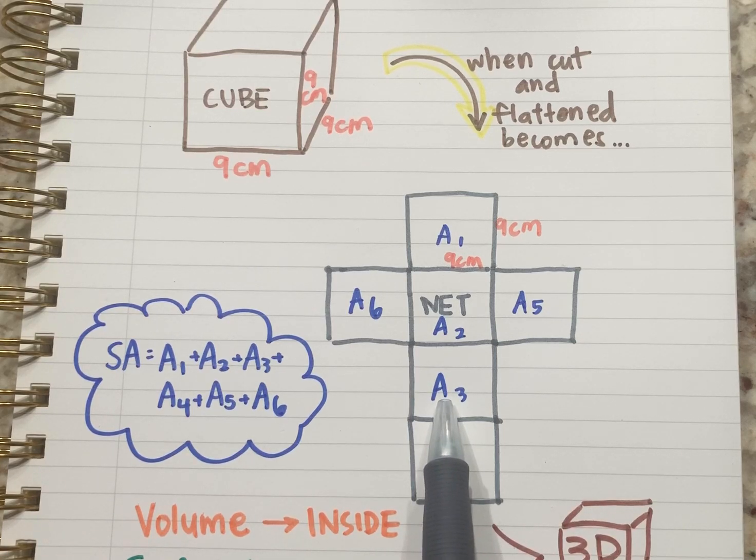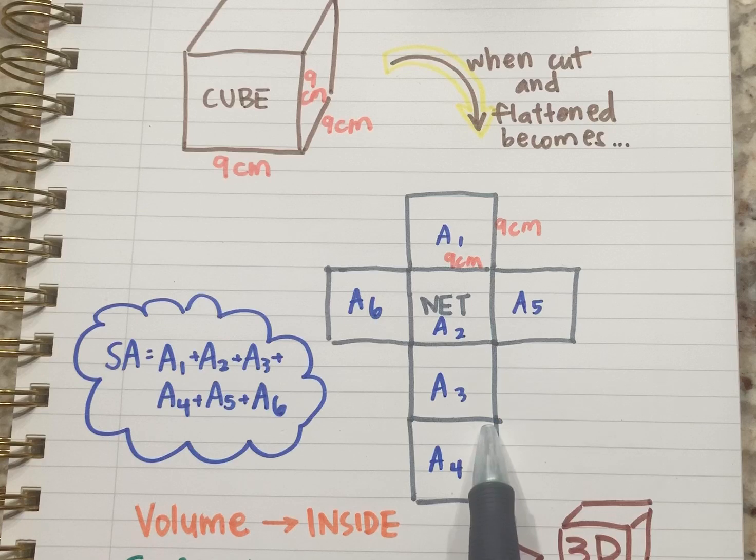Now, for a rectangular prism, where you have different lengths for different sides, you may not be able to use the exact same strategy as you do for a cube. And so for a rectangular prism, you will have to calculate the area for each one of those faces, or at least a few of those faces, and then repeat it again.